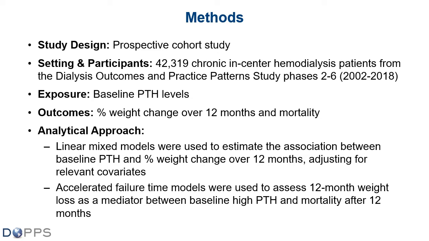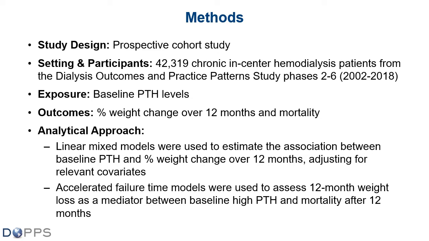We included over 42,000 patients from the DOPS phases 2 to 6 collected between 2002 and 2018. The exposure was baseline PTH levels, and the outcomes were percent weight change over 12 months and mortality.